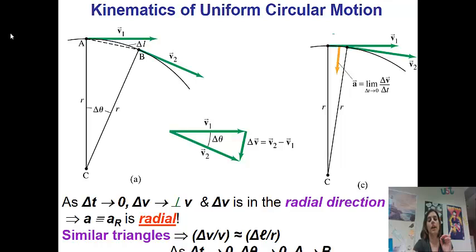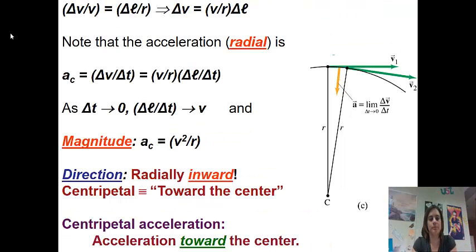And that centripetal acceleration is always happening right along the direction of the radius. So we can see that it's radial acceleration, centripetal acceleration. They're often used interchangeably.